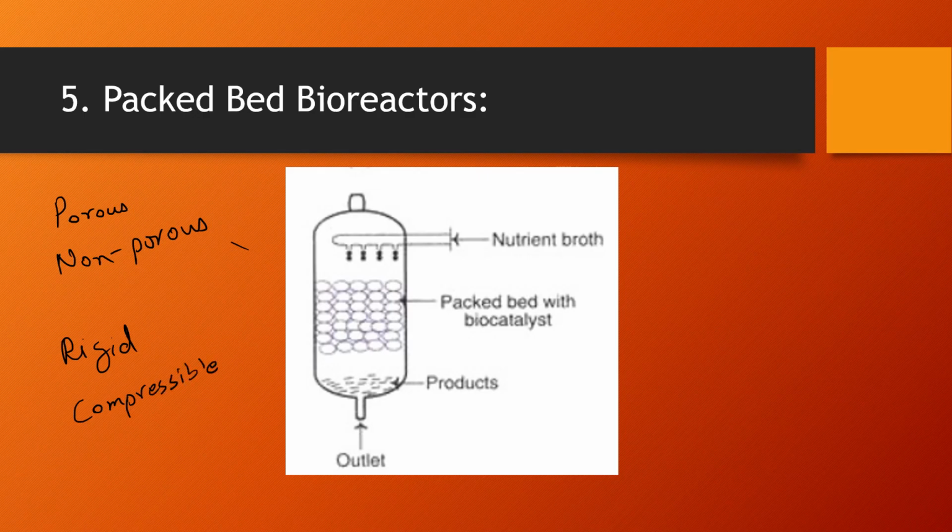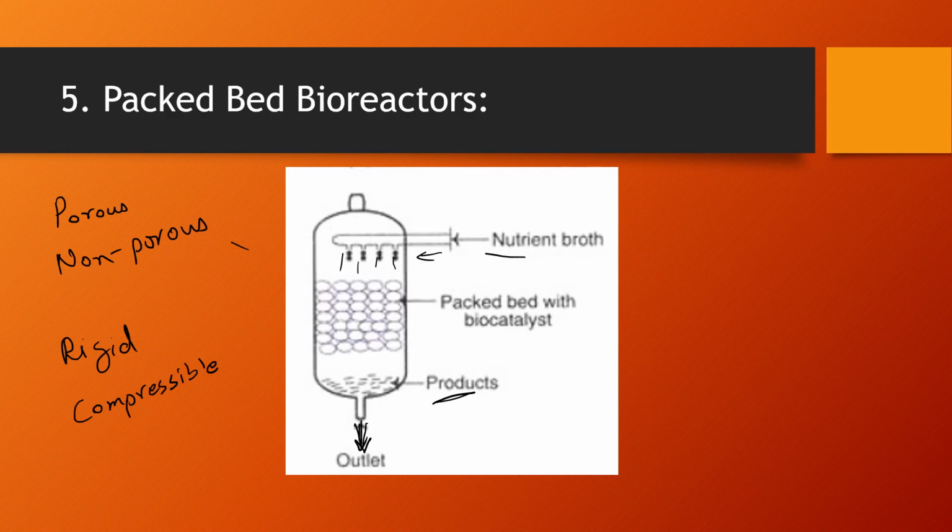A nutrient broth flows continuously over the immobilized biocatalyst. So here nutrient broth is coming in like a shower, coming inside, and from here it is going out. This is the outlet, and the products are found here because nutrients, maybe substrate, are coming, getting converted into the product and coming out from the outlet. So there is no accumulation of products.